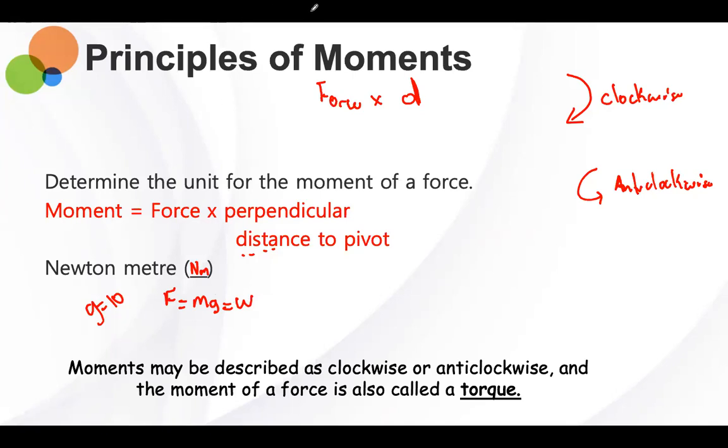Our weight is mass times gravity. If you want to calculate the weight of an object, or the force that an object applies on the earth, or if a mass is pulling down, like the system we had before, then we use mass times gravity.